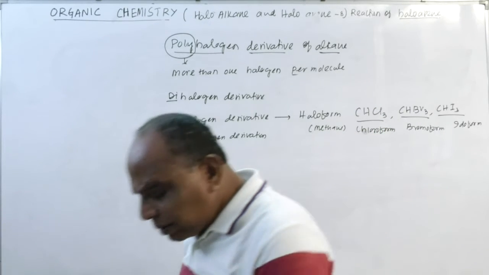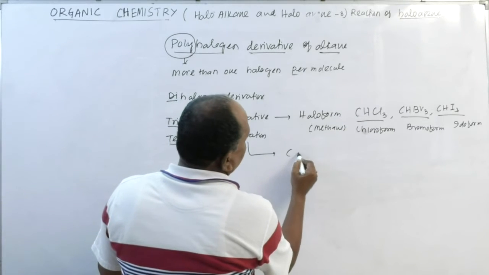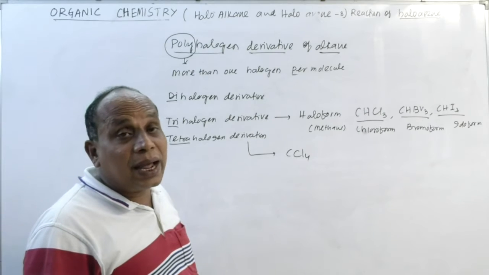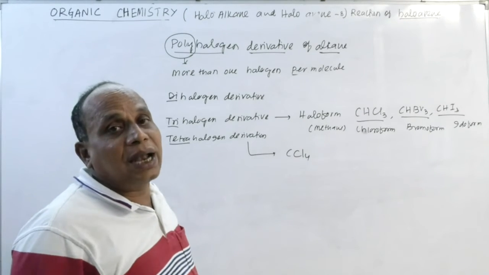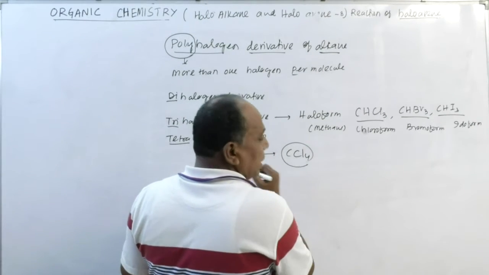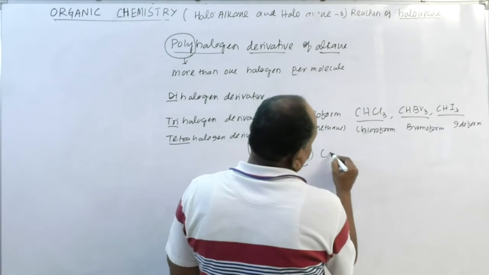Okay, students. Similarly, the tetrahalogen derivative means particularly CCl4, not CBr4 or CI4, because the higher halogens are large in atomic size and they are unstable. This is one of the most stable compounds, and this is called carbon tetrachloride.